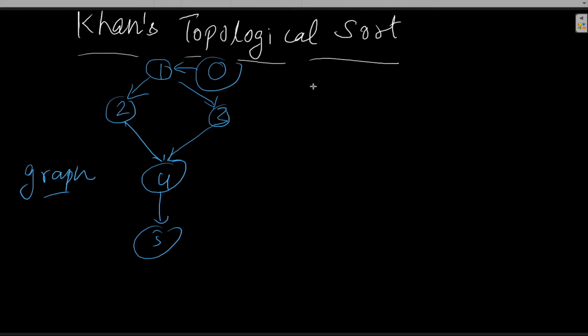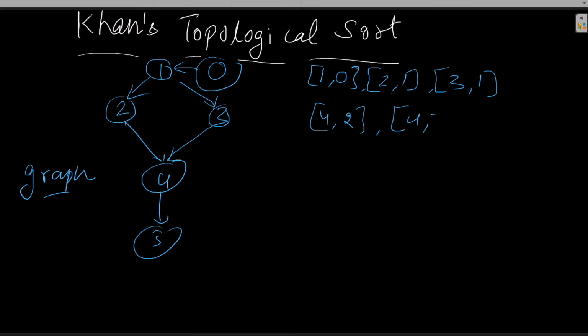So if I make the prerequisites of this: 1 depends on 0, and then 2 depends on 1, and 3 depends on 1, and 4 depends on 2, and 4 depends on 3, and 5 depends on 4, right?